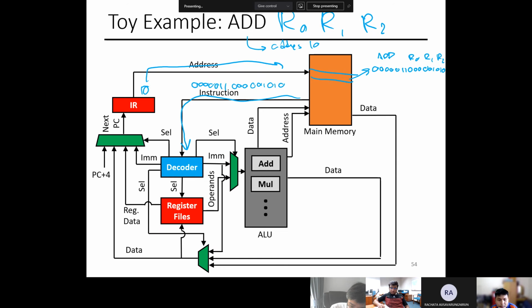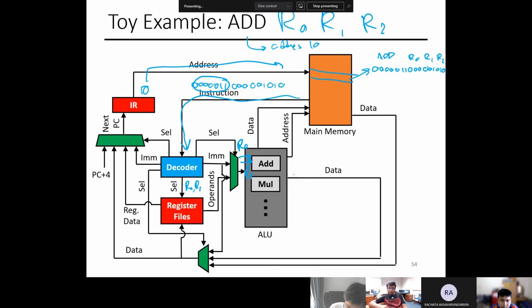Now your decoder would first figure out that the first 7 bits, 0, 0, 0, 0, 0, 1, 1, are an add. I know that source 1 is from R0 and source 2 is from R1. So it would say, hey, register file, get the data for R0 and the data for R1. So the data that goes into the adder right here would be R0 and R1's data.